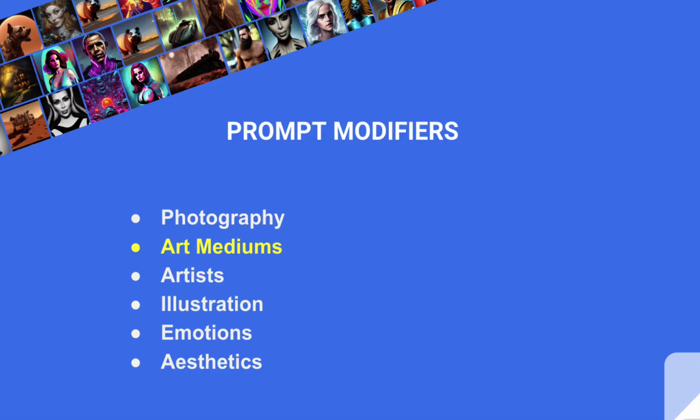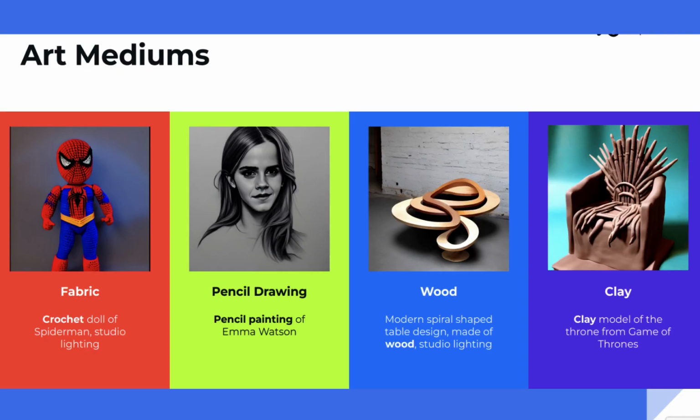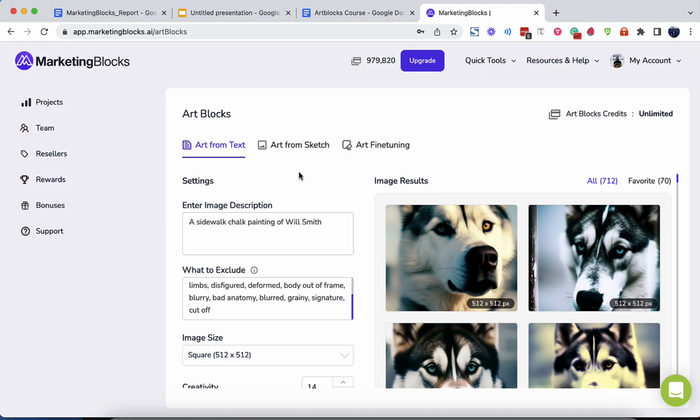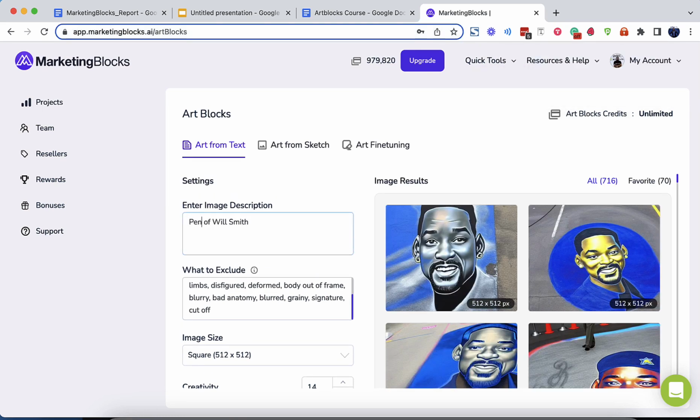Art medium is another form of modifier. A medium refers to the materials used to make a work of art. This specifies the type of painting. Example, chalk, graffiti, watercolors, oil painting, pencil drawing. A sidewalk chalk painting of Will Smith. A pencil painting of Will Smith.